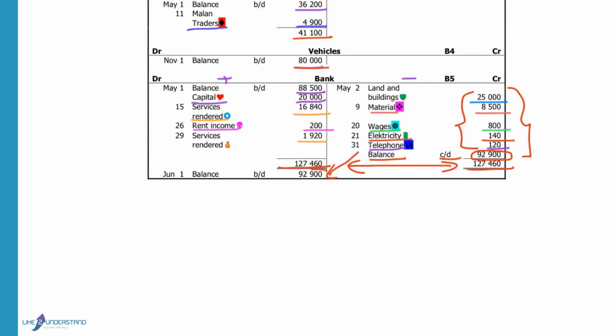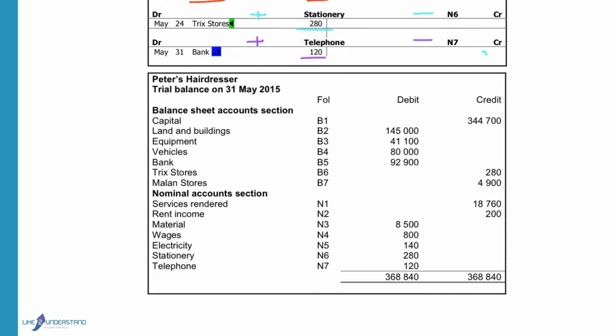Because the balance was brought down on the debit side, we will record this balance on the debit side of the trial balance. If we look at the trial balance, we see that capital balances was on the credit side. So the amount on the credit side of your capital account will appear on the credit side of the trial balance.